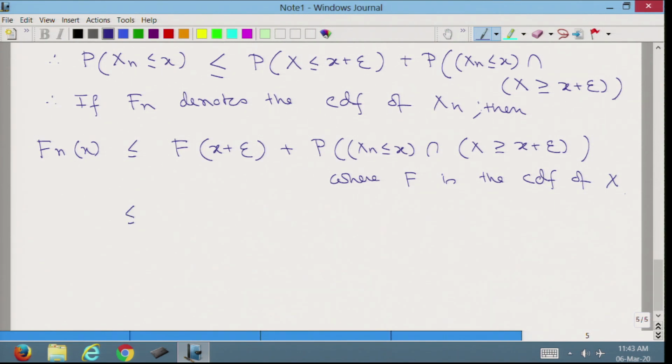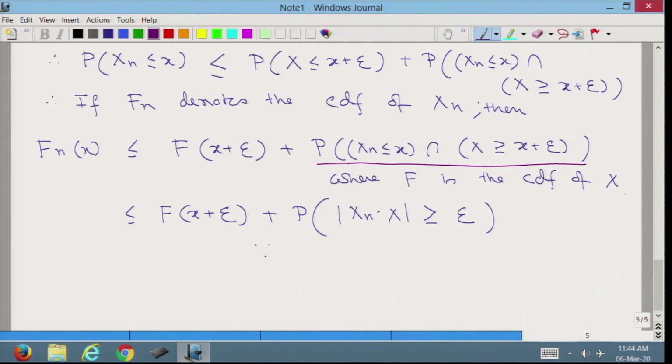Now, this is less than equal to f x plus epsilon plus probability modulus of x n minus x is greater than equal to epsilon. How? Since from this event we can see that x n less than equal to x and capital X is greater than equal to x plus epsilon.